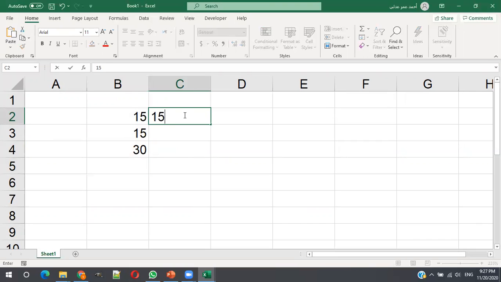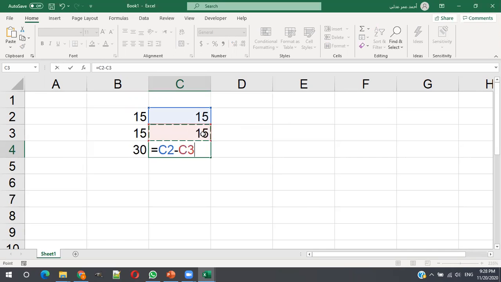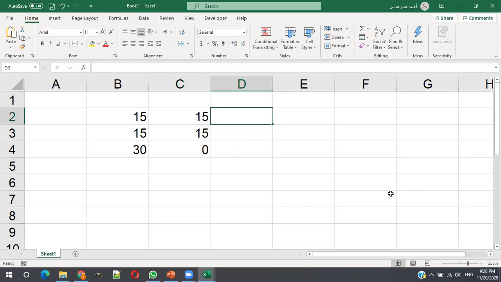Again, 15 and 15. Give me the result of subtract: equal, first cell. I will click on the first cell, then minus, and click on the second cell. Press enter. You will see the result.